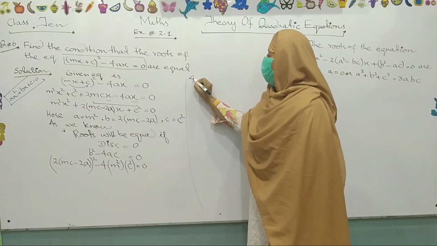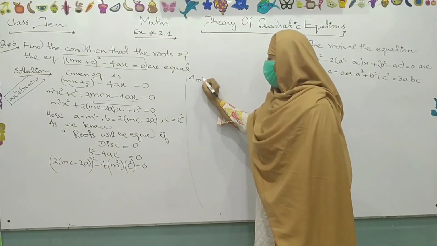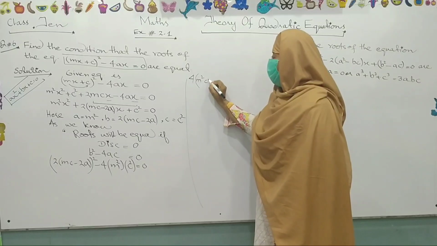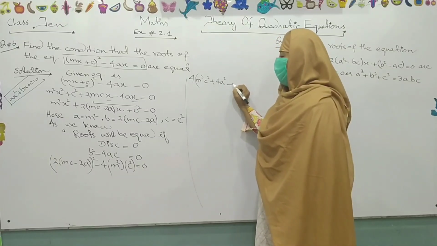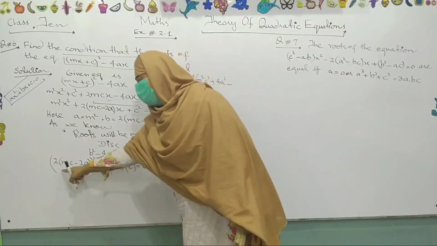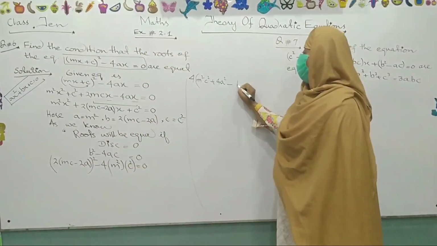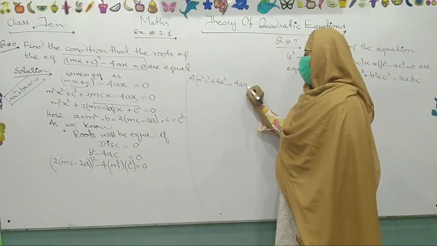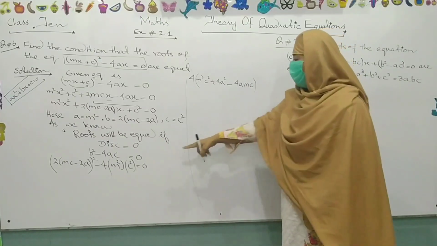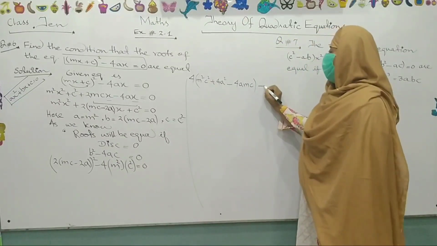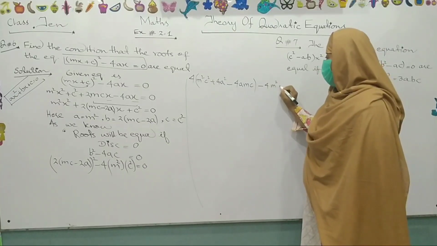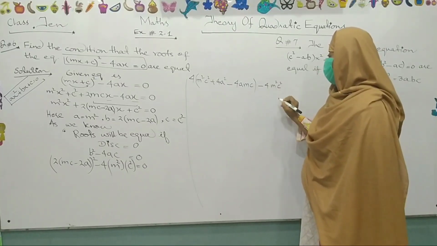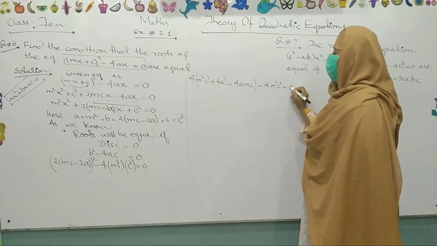It will be 4 into m square c square plus 4a square minus twice of this value, 2 times 4amc. Now this one is minus 4 m square c square is equal to 0.